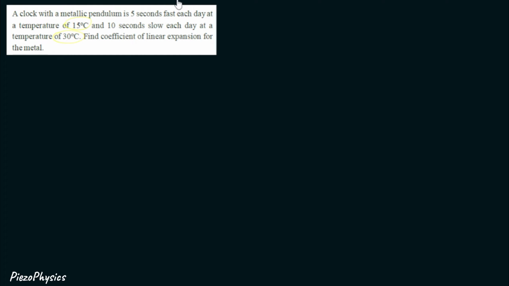So as we know, 5 seconds fast means for the first case delta t is minus 5, and suppose the initial temperature is T naught and the final temperature here we have is 15 degrees Celsius.